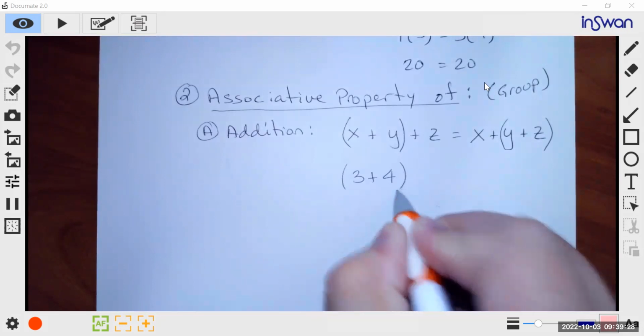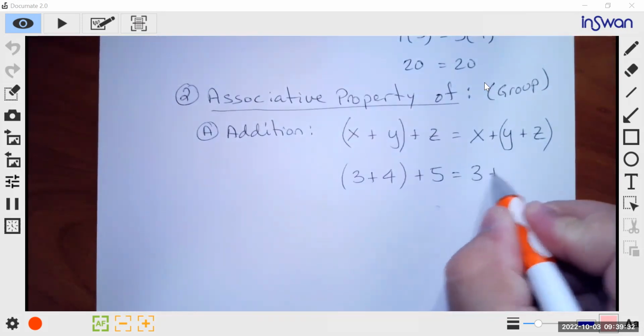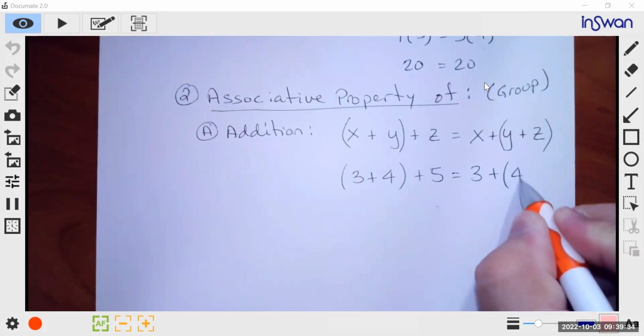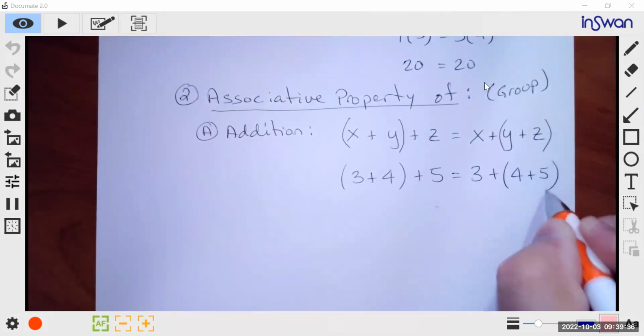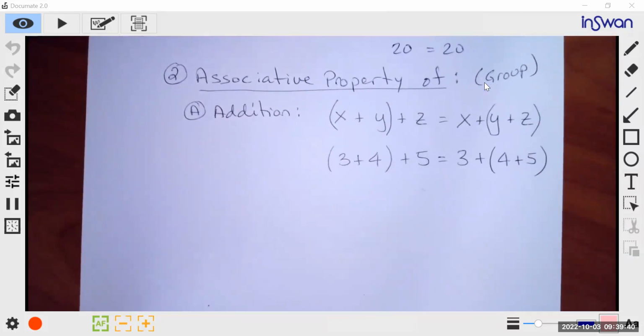(3 plus 4) plus 5 is equal to 3 plus (4 plus 5). So as long as the operations are all the same, they're all pluses, I can combine them how I want to. And since we can only do 2 numbers at a time, I group what numbers I want to do first.